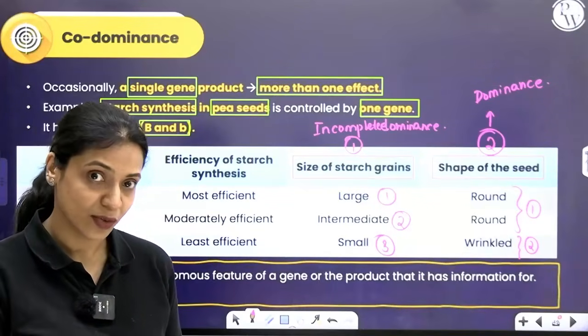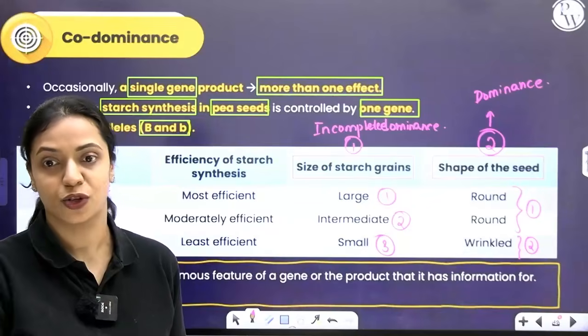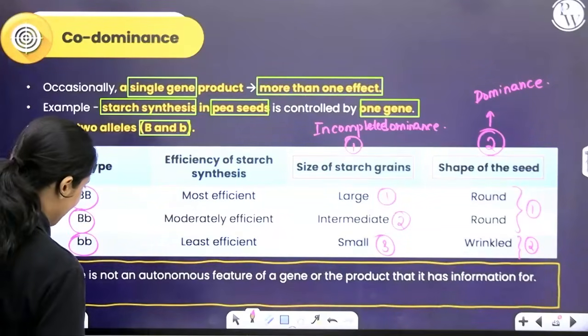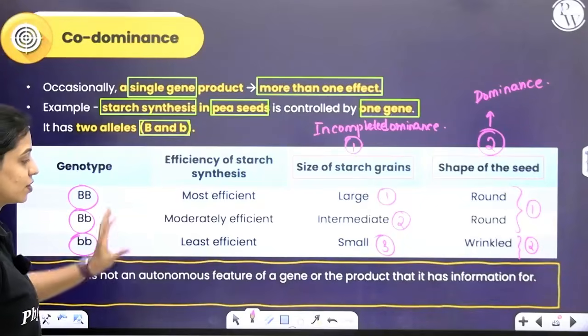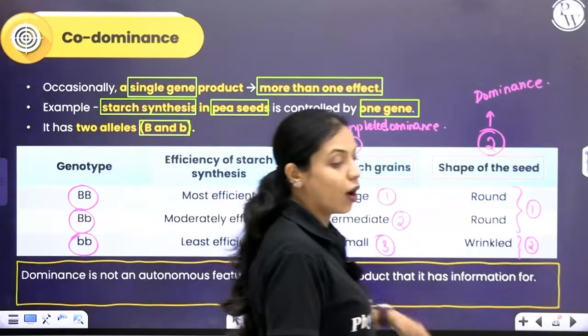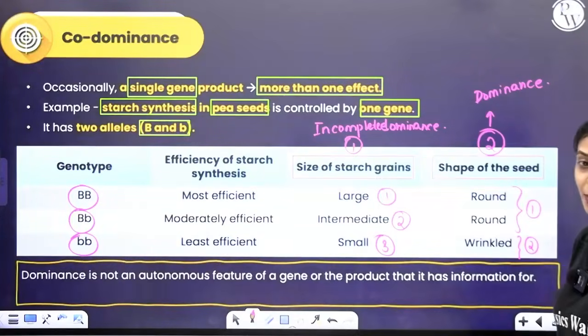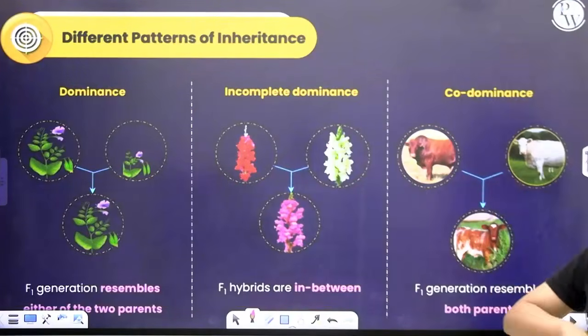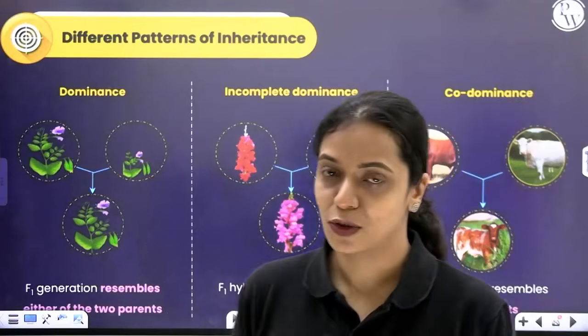If you're considering size of starch grains, it's not showing complete dominance, it's showing incomplete dominance, right? So we say that dominance is not an autonomous feature of a gene or the product that it has information for.